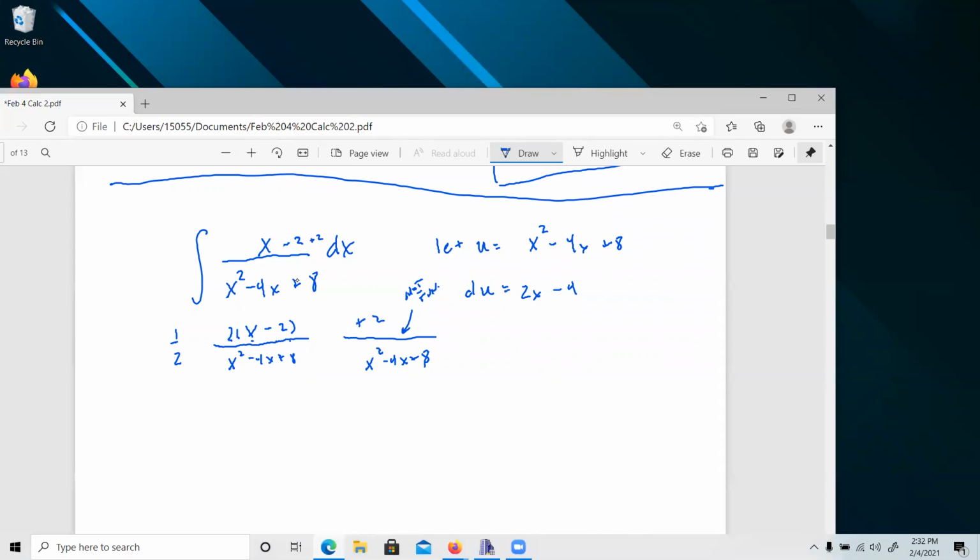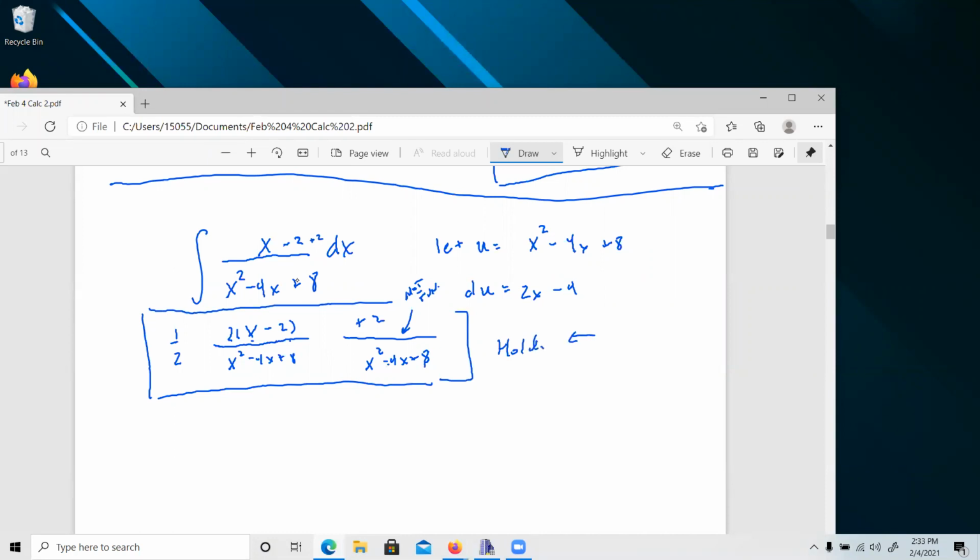We're set. We could just integrate this to get a natural log, but we still have a lot of work to do here. So I'm wondering, why don't we complete the square first and see if that works out a little bit better. So we'll put this on hold, and we might come back to it.